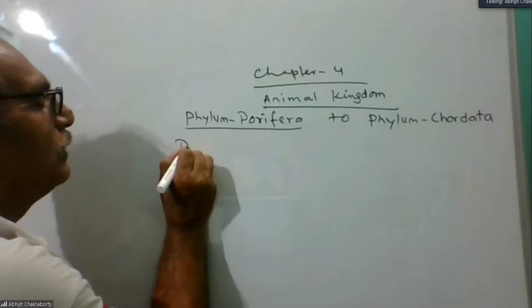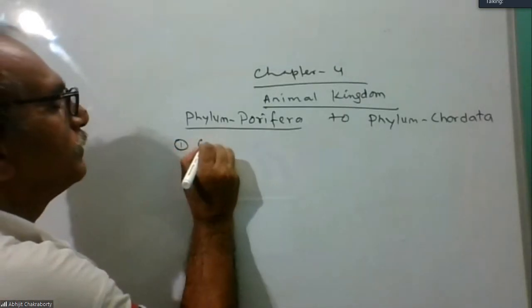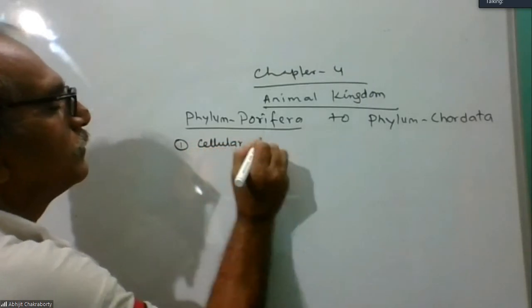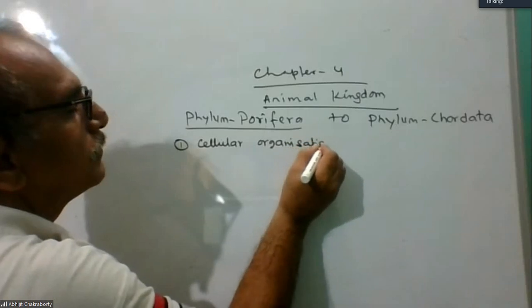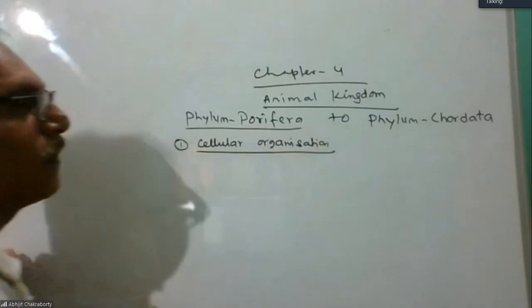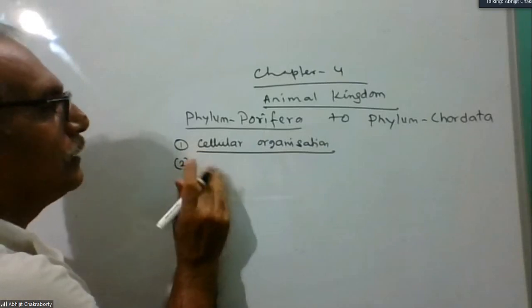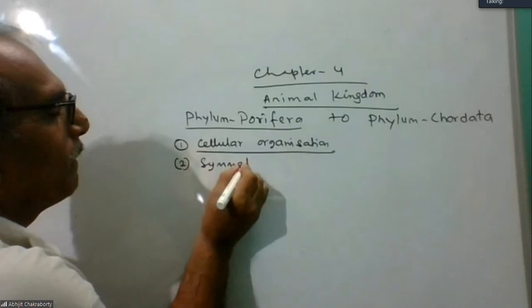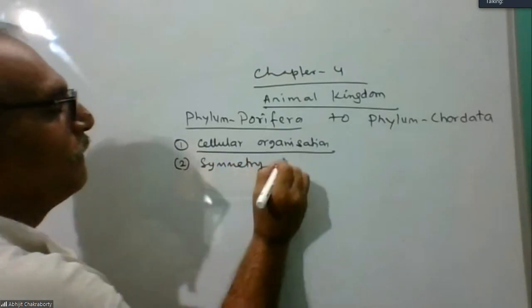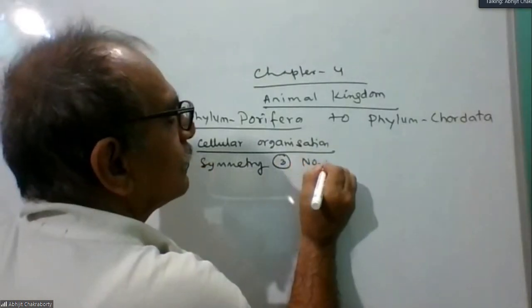First one, the cellular organization. Then, suppose, symmetry. Number of germ layers.